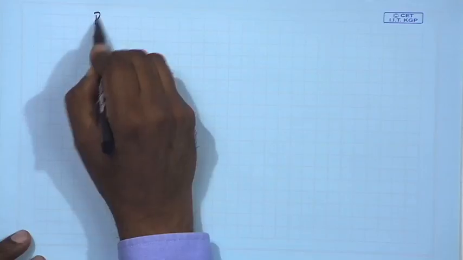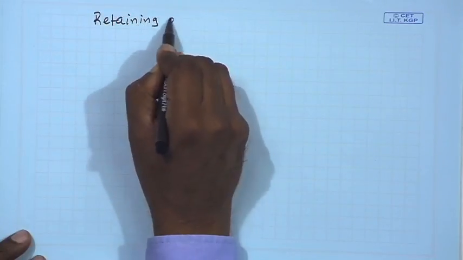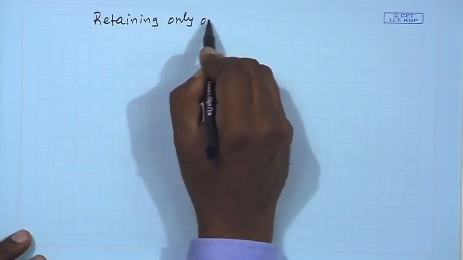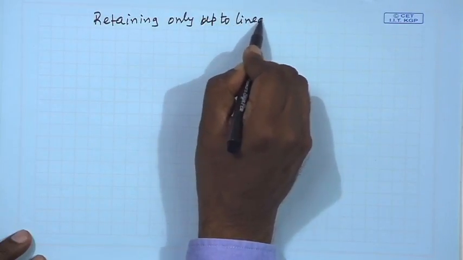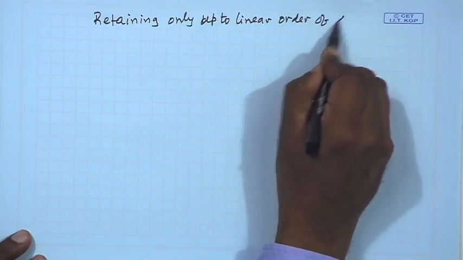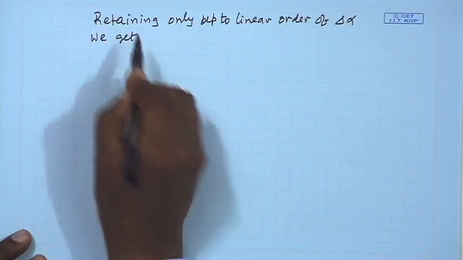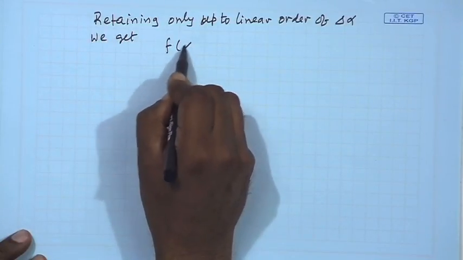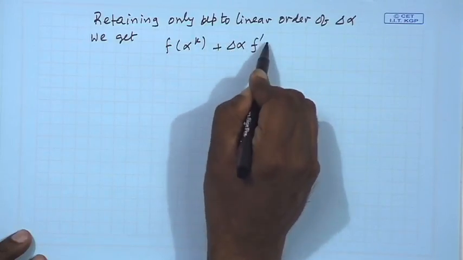So, retaining only up to linear order of delta alpha, we get f alpha k plus delta alpha f dash alpha k.